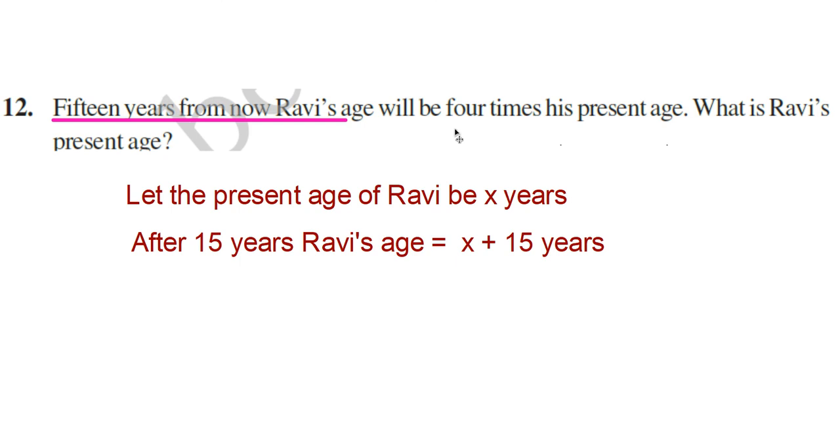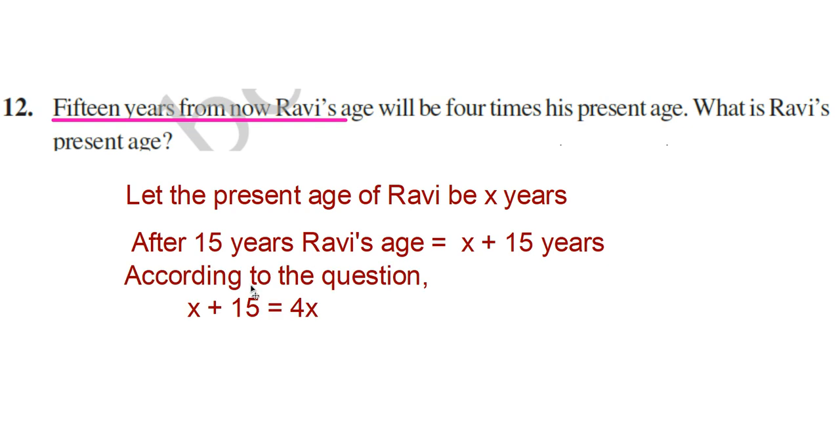Now what is the condition? After 15 years from now, Ravi's age will be 4 times his present age. 4 times means 4 into. So we can write x plus 15 is equal to 4 times x, means 4x. Now you transpose x to the other side.